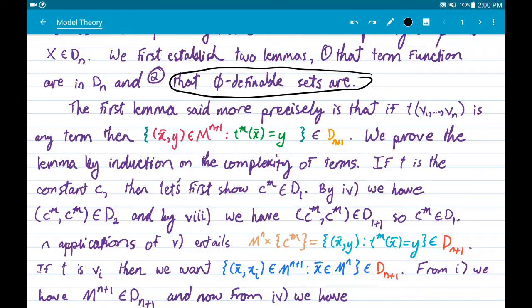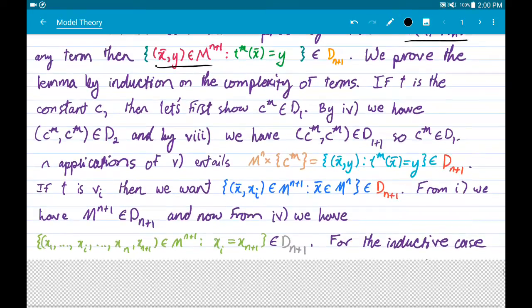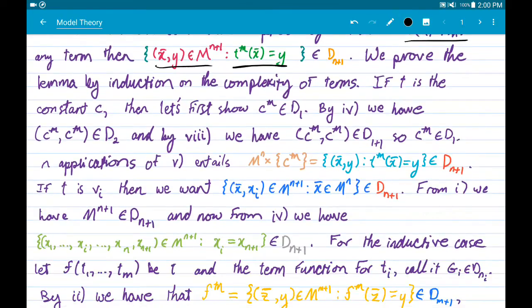So in any case, more precisely, if we have some term of n free variables, then the graph of it being n plus 1, an n plus 1 tuple defined in this way, and the meaning of this is defined as in earlier videos, the graph of this term function is in Dn plus 1.